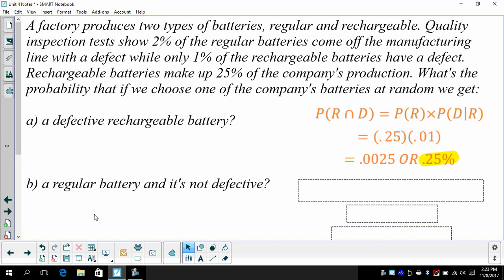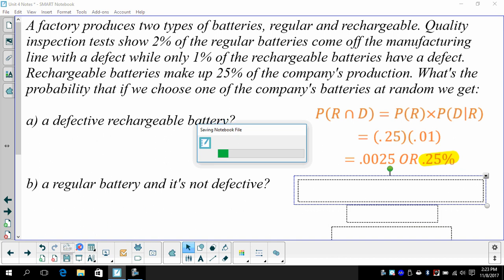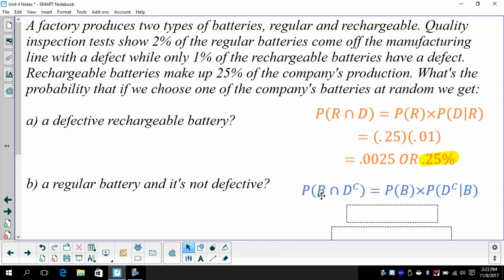What's the probability of a regular battery and it's not defective? So I'm using B for regular battery and D for defective, and I do D complement because we're looking for it to not be defective. So we're looking for the complement.